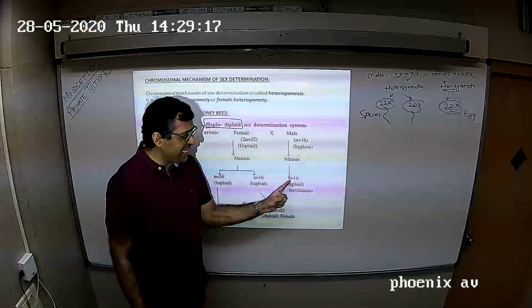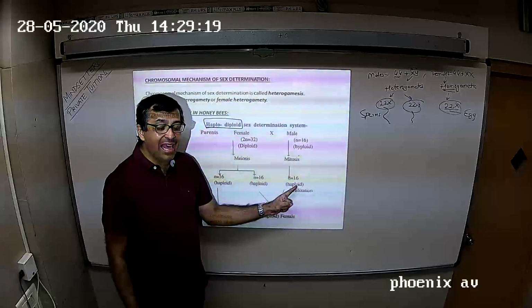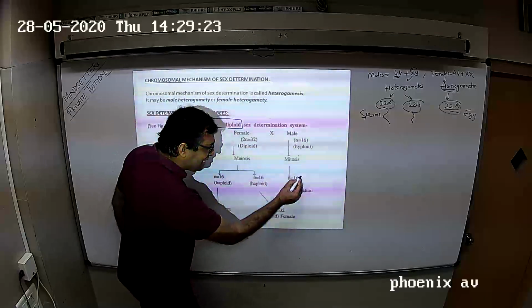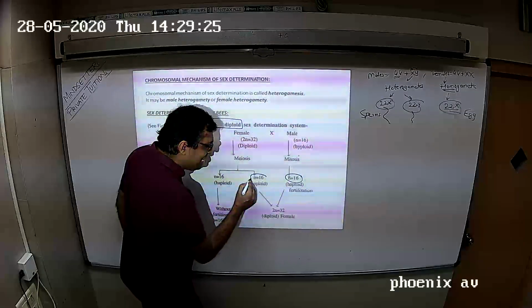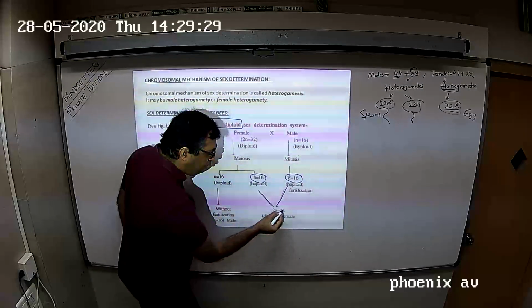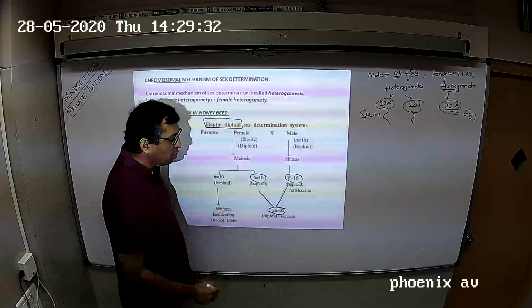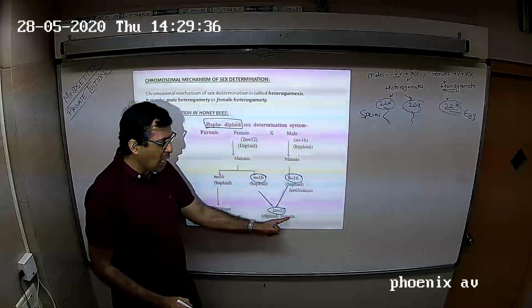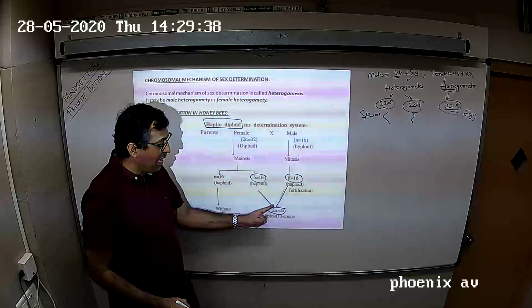And mitosis से N16 sperms बनते हैं which are haploid. And now the N16 sperm and the N16 egg fuse together to form 2N equal to 32, which becomes a diploid female. So fertilization से क्या बनता है?